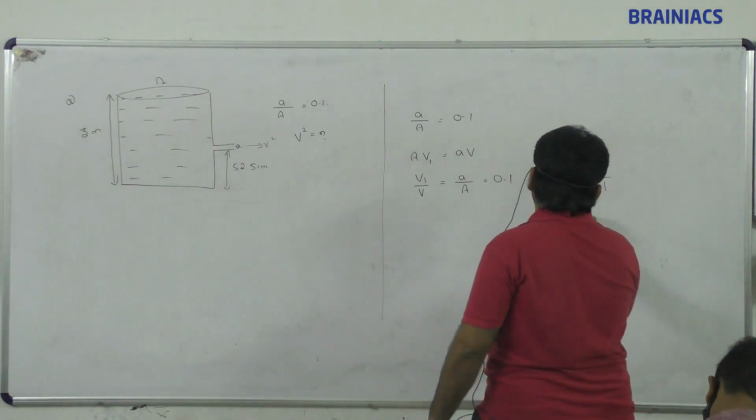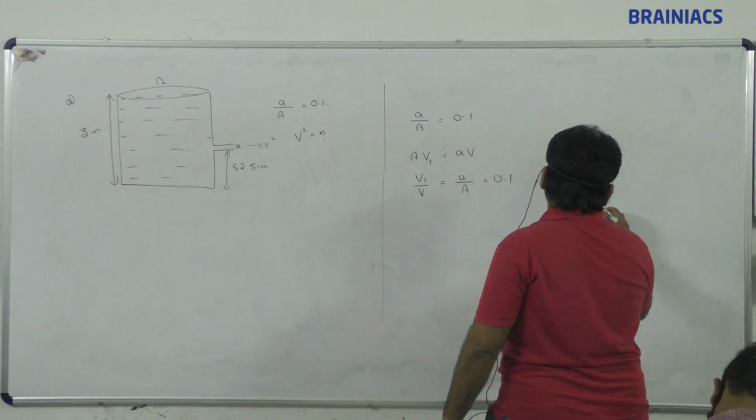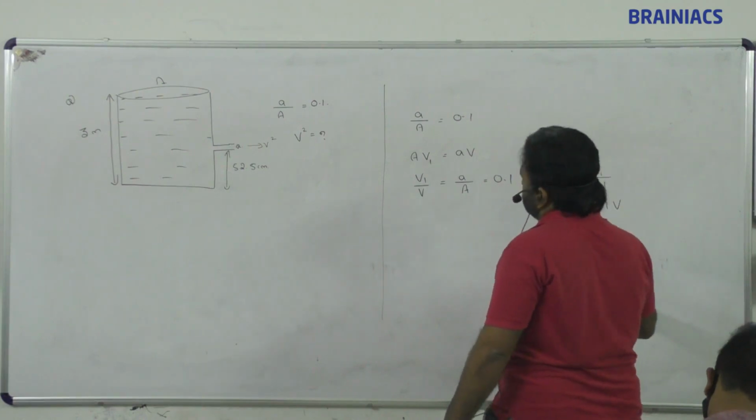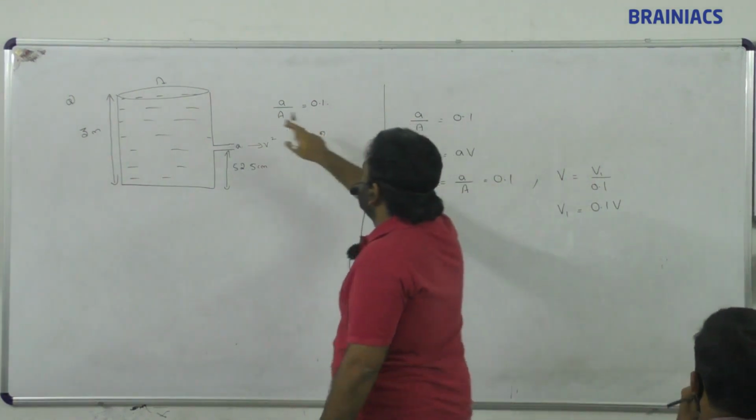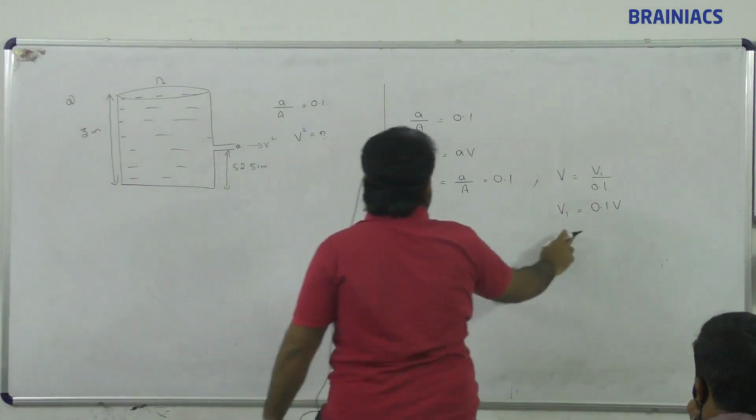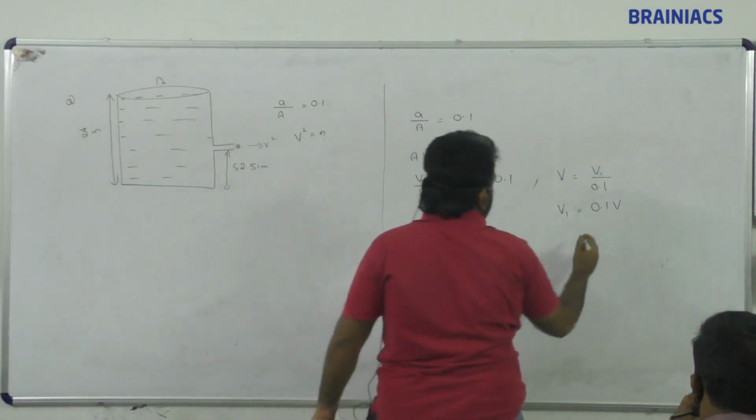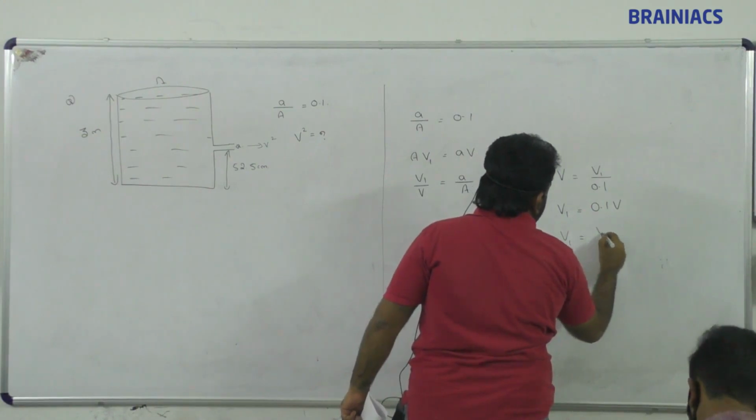Okay children, so V1 is equal to 0.1 V, that is, this velocity will be equal to 0.1 of V, so V1 can be written like V by 10.